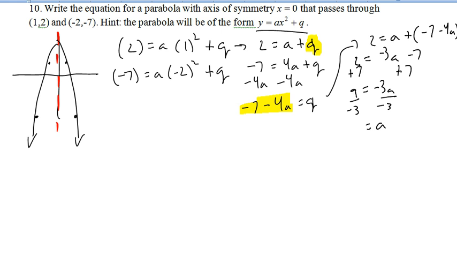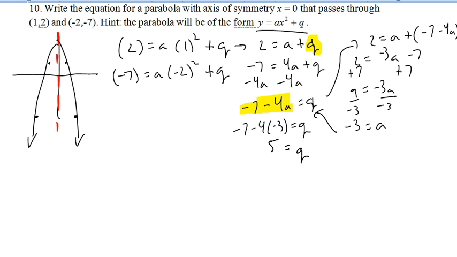We get a equals -3. And now we can use this equation to figure out what q is. So we get -7 minus 4 times -3 equals q. Which gives us q equals, is that 5? Yeah. Perfect.